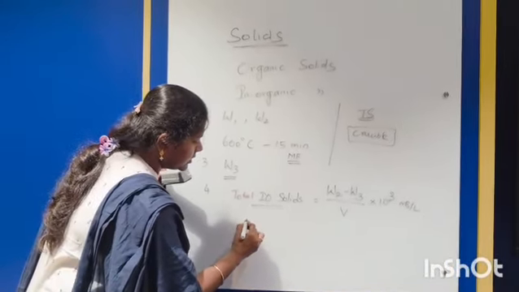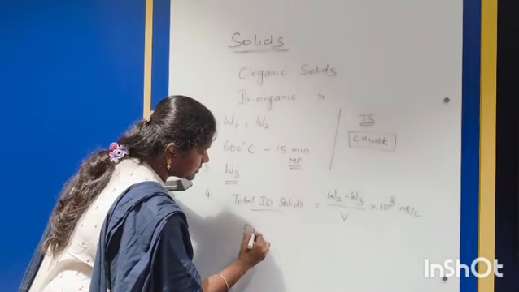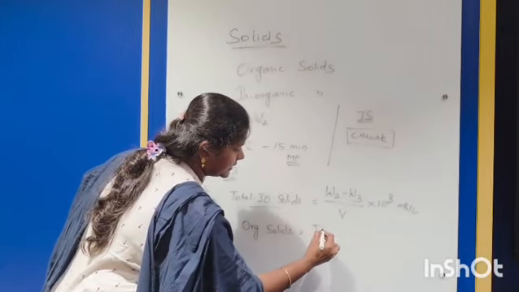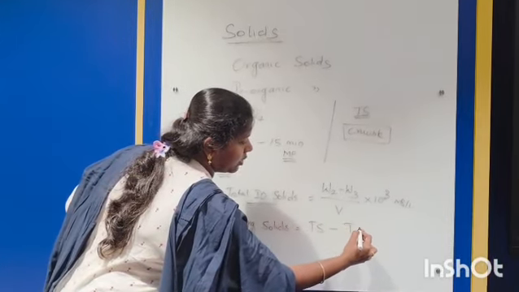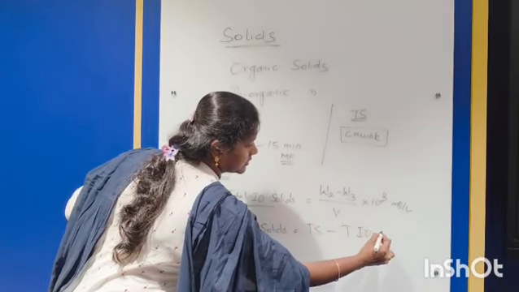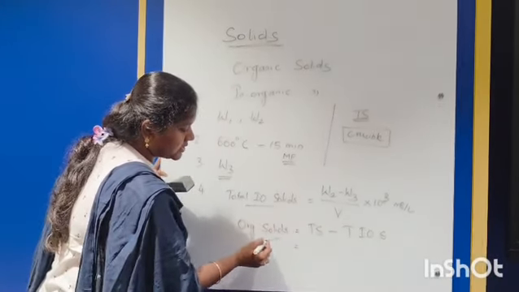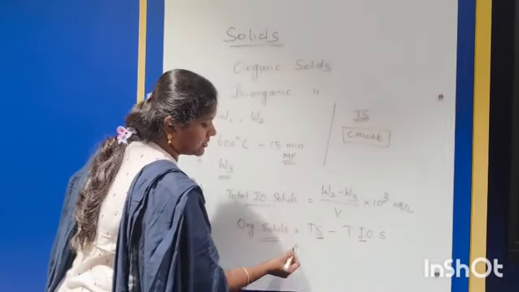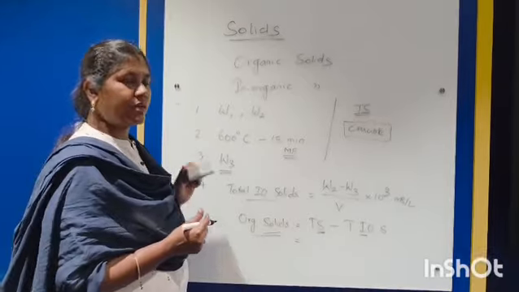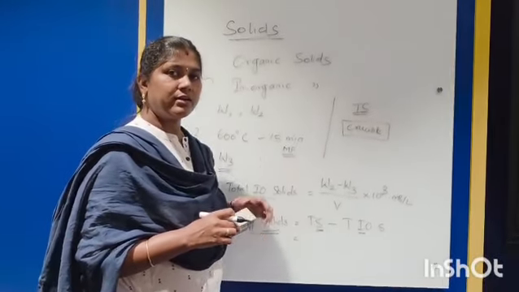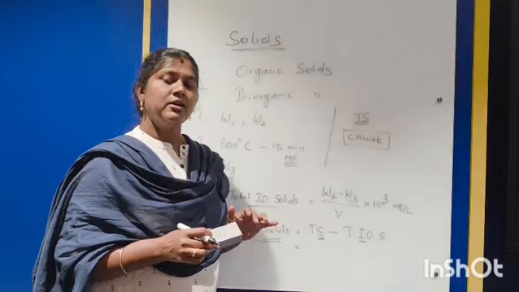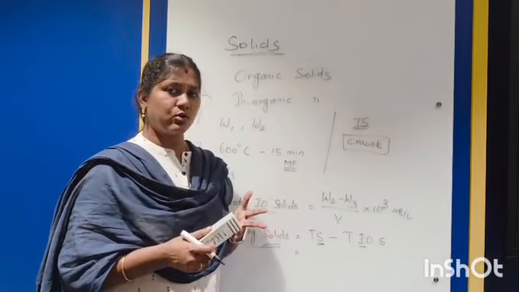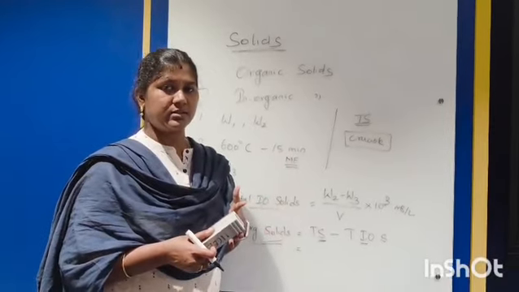Again, from total solids and total inorganic solids, we can determine the total organic solids. When we subtract the total inorganic solids from the total solids, we get the organic solids. This will be used for research purposes, whereas for normal water quality parameters, we can determine only total solids, total dissolved solids and total suspended solids. Thank you.